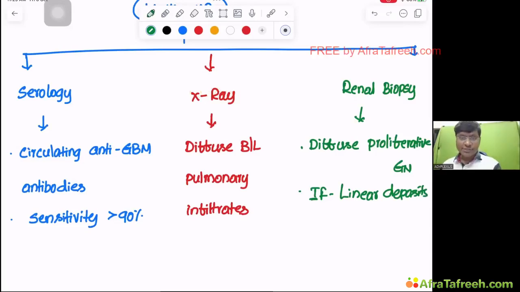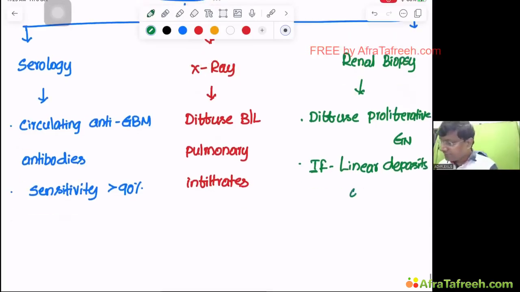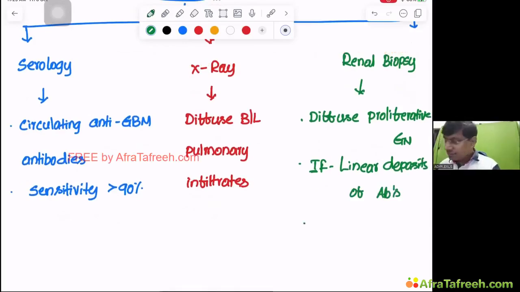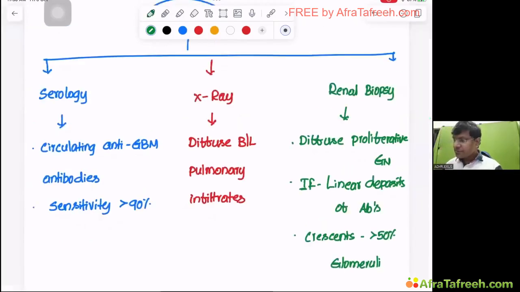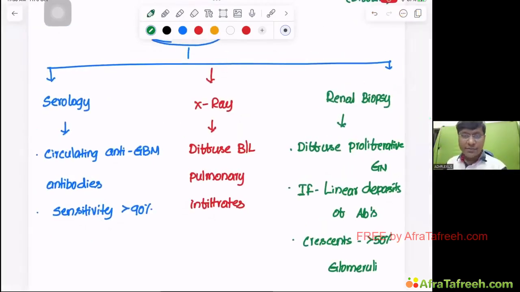They are antibodies, right? Linear deposits of antibodies. And crescents are observed in more than 50% of glomeruli. Okay, so this is the workup that you will do in patients with Goodpasture syndrome.